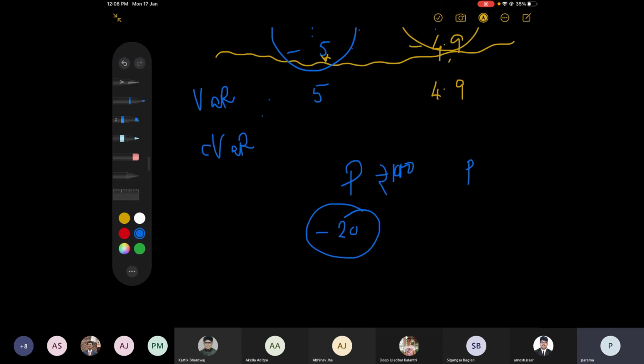Ideally you should have 80 rupees invested in P and 20 rupees in cash. On this 80 rupees, if you make a loss of minus 20 rupees also, the net loss because of this cash becomes zero, because you can use this cash to replenish the loss that you have had in P. You can buy maybe some more of P and replenish that loss.